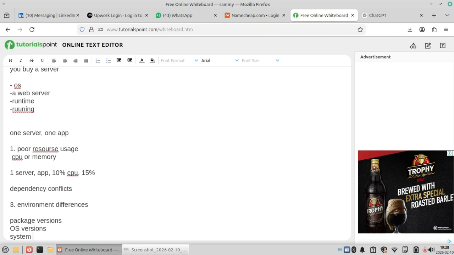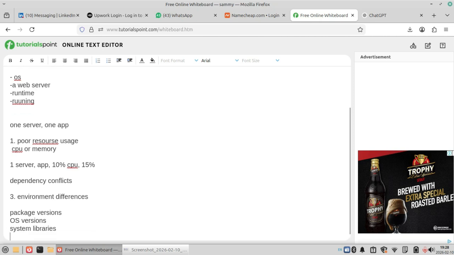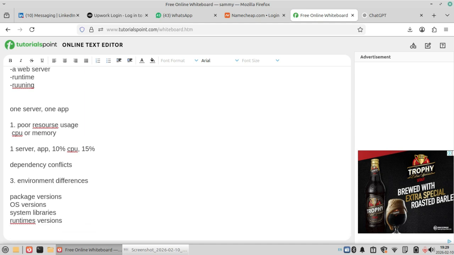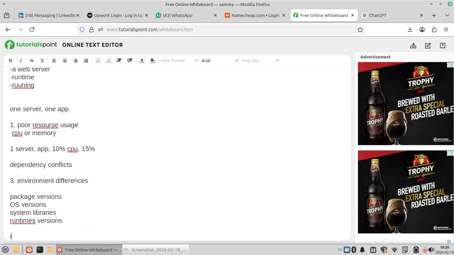The fault can also be your system libraries. Even runtime versions can also make your application break. Then this leads us to the very famous line, it works on my machine.